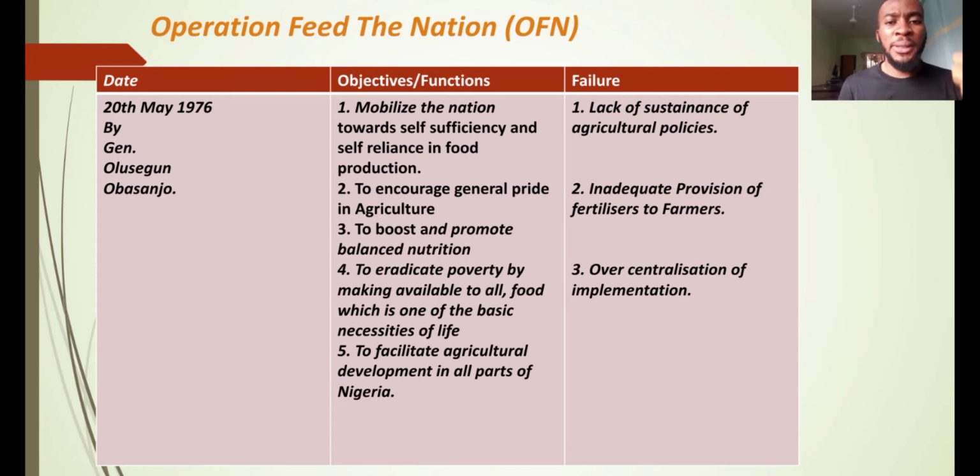The farmer may be waiting forever to get incentives and financial aid, and the presence of middlemen may not make it possible for the farmer in the local area to carry out the farming activity. So that concentration of power in implementation at the federal level made it difficult for this program to be as effective as thought by Nigerians.